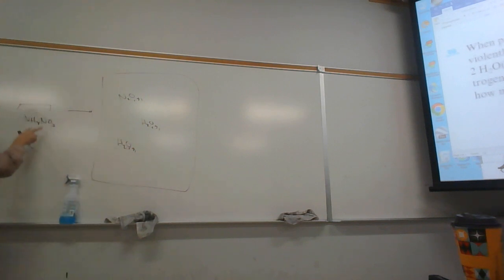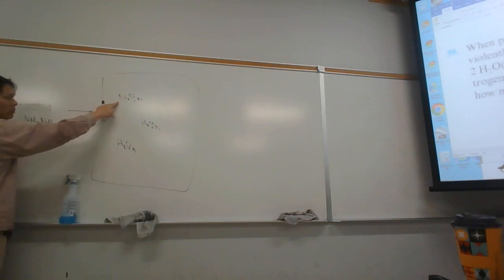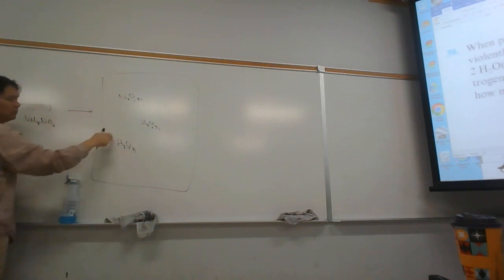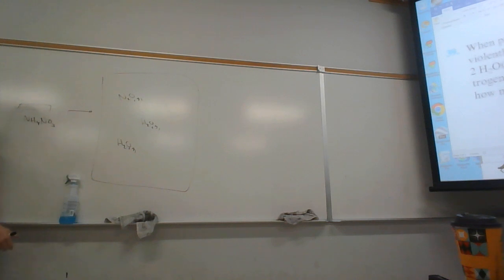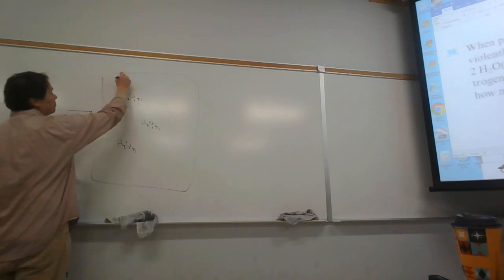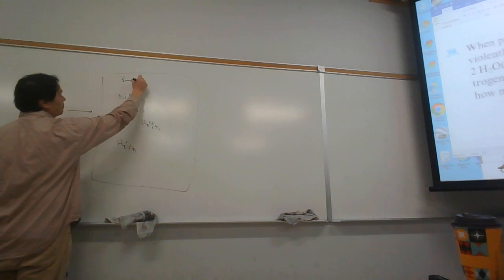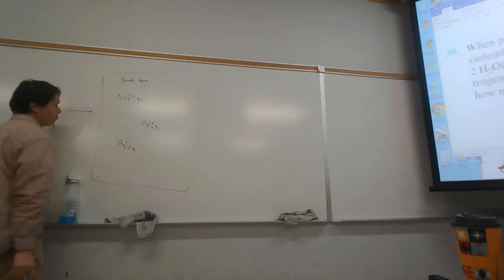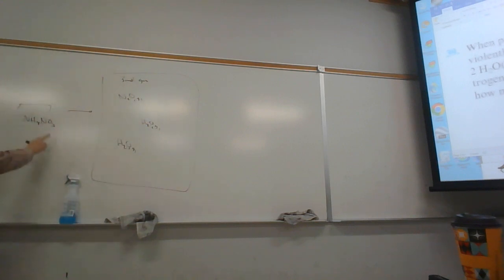So for every mole of ammonium nitrate, we're going to form 1 mole of nitrous oxide and 2 moles of gaseous water. 3 moles of gas. Otherwise, it's not balanced, and so we've got to make sure it's balanced.